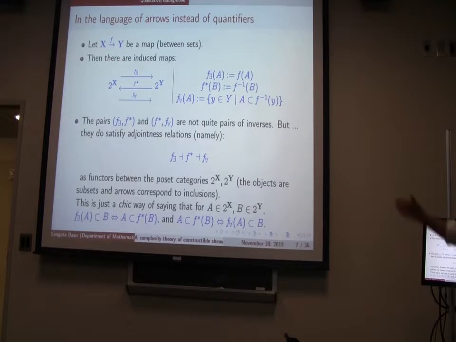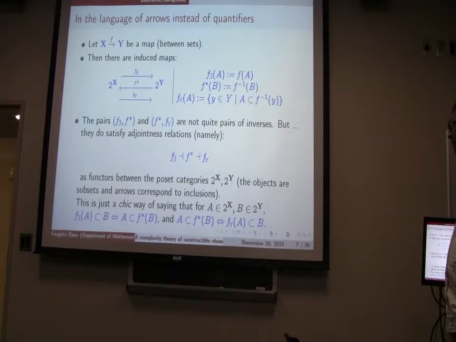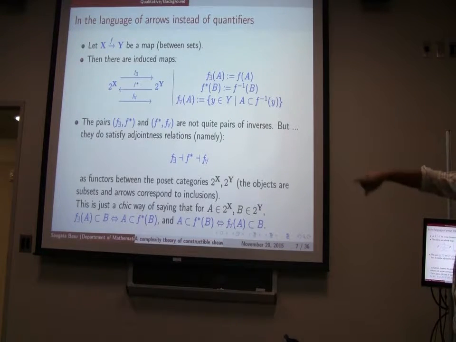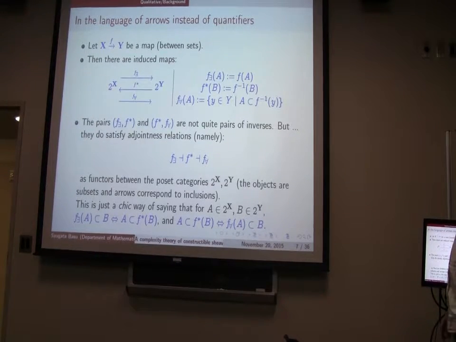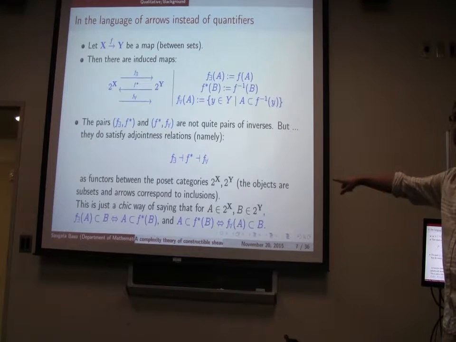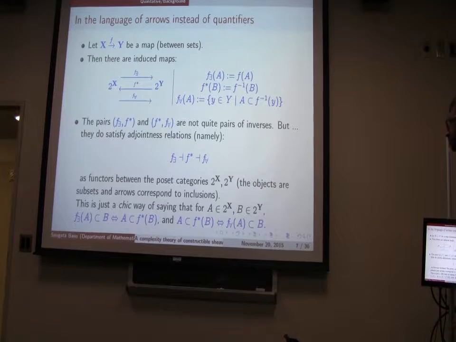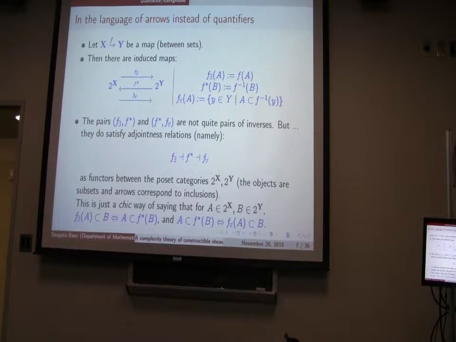And this is just a fancy way of saying that for a subset A of X and a subset B of Y, f exists A is a subset of B if and only if A is a subset of the pullback of B, and similarly for the other one. Okay, but this is valid for all sets.